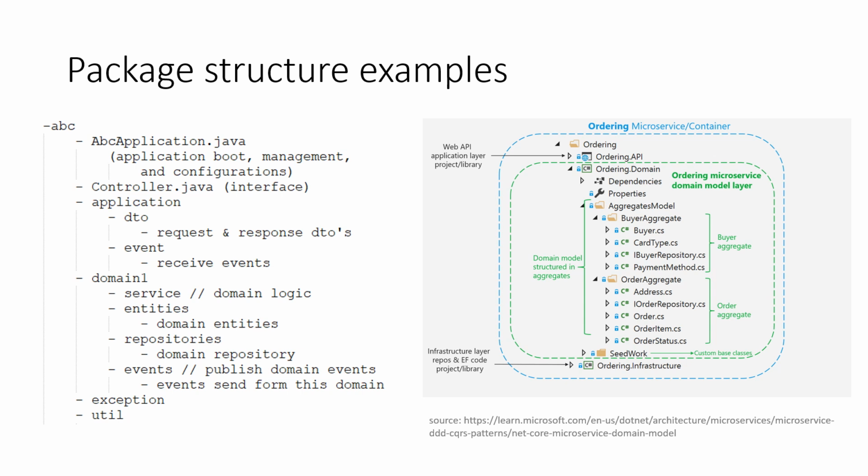This is one more example of a package structure wherein I have a controller.java, which is an interface to the external world. And I have DTOs and events inside the application layer. So I have skipped the service layer inside the application package, because there was no need, and I took this example from Microsoft documents.